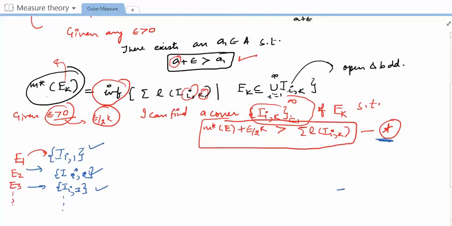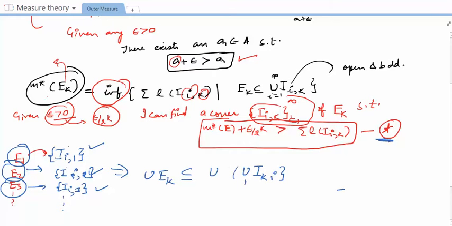Now if we have a cover of e1 like this, a cover of e2 like this, and a cover of e3 like this, then it implies that the union of the ek's is contained in the union of eki, where k varies from 1 to infinity and i varies from 1 to infinity.